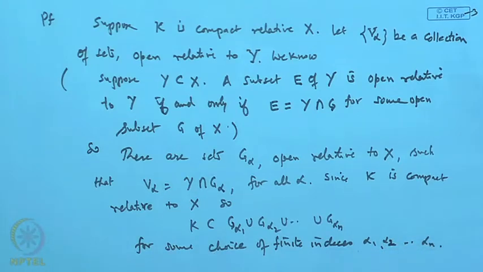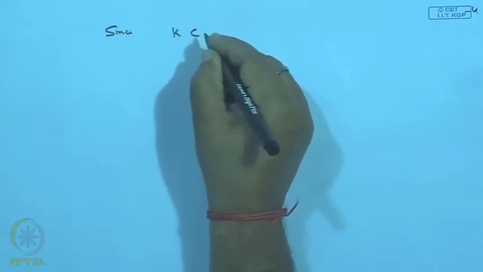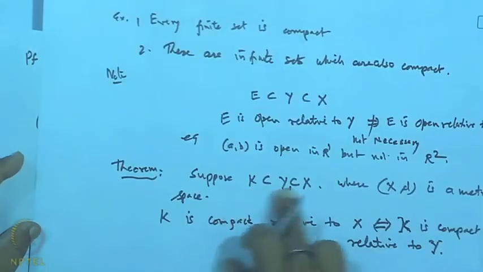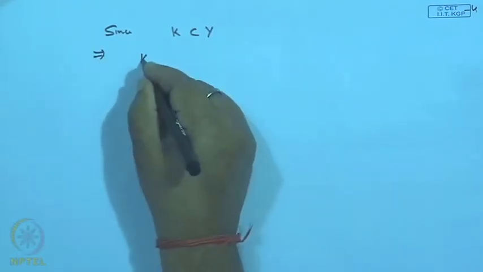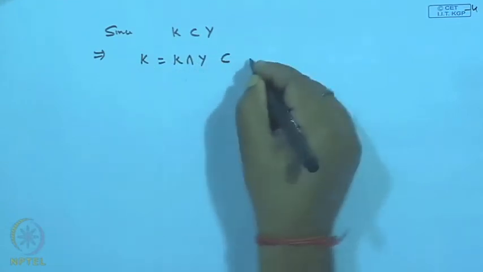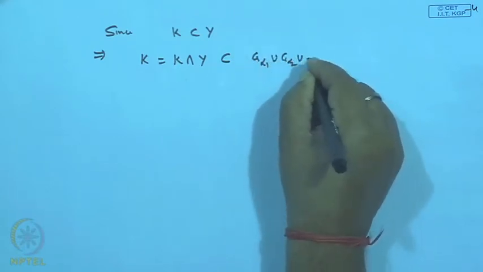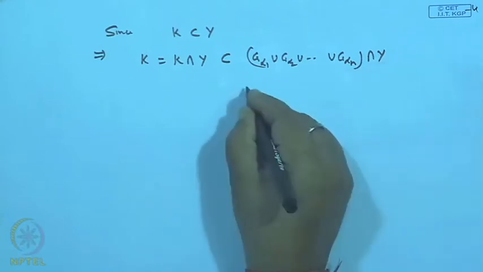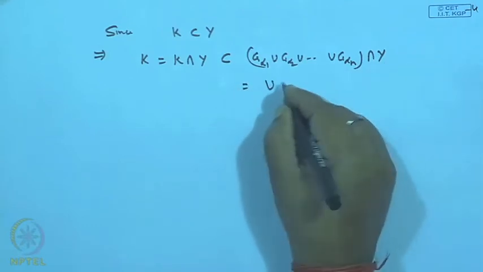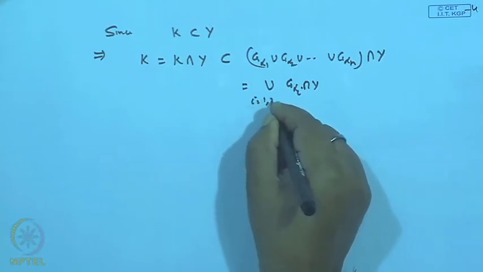Now, since K is a subset of Y, this is given, K is contained in Y. So, this implies that K, which is K intersection Y, is contained in G alpha 1 union G alpha 2 union G alpha n, intersection Y, and that is the same as the union of G alpha i intersection Y, where i is 1 to n.